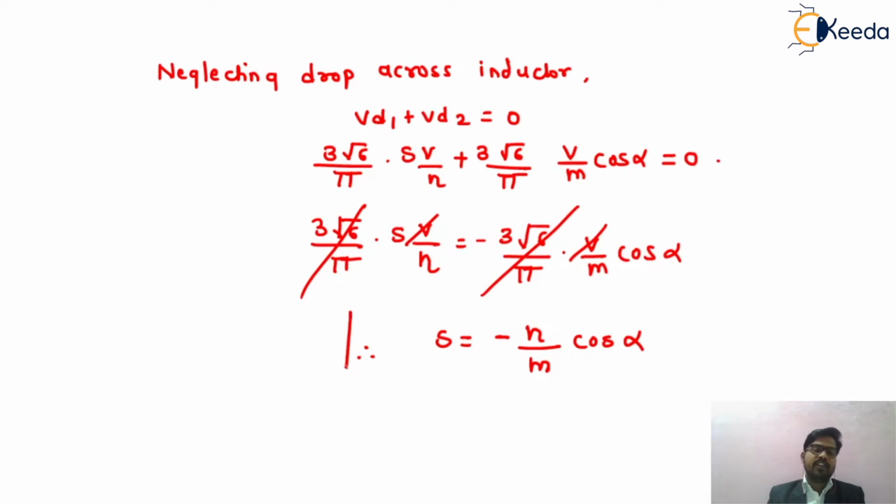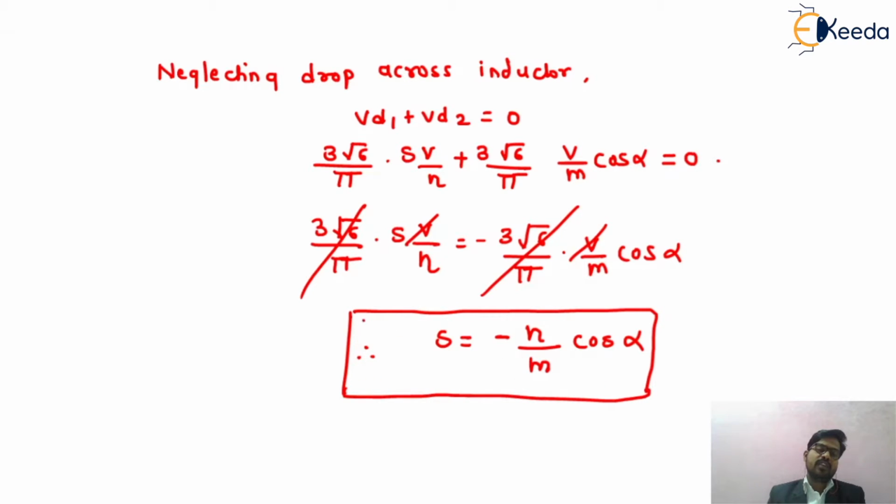So we are getting one very important equation in concern with your slip power, and the slip equation is S is equal to minus N by M, because this M is kept as is, and this N will be moved towards the right hand side. So S is equal to minus N by M cos alpha.